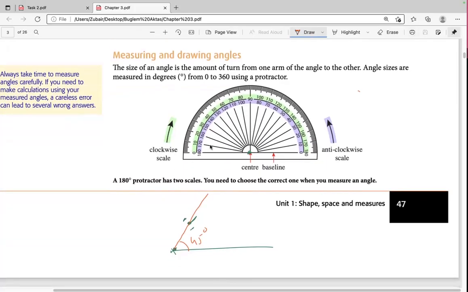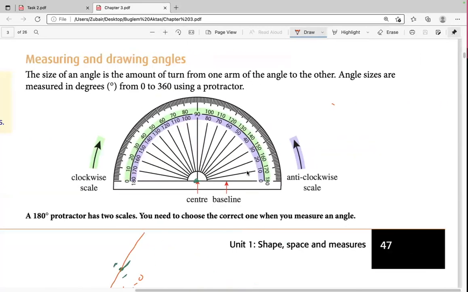And do you know when we use the inside scale and the outside scale? Yeah, we do have two scales from 0 to 180 in this protractor. You see, this is 0 and it goes to 180. But on the other side, that's the inside 0 and this goes to 180. Okay, let me draw one angle and you have to tell which scale you will use, inside or outside.